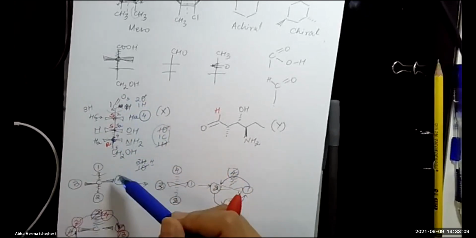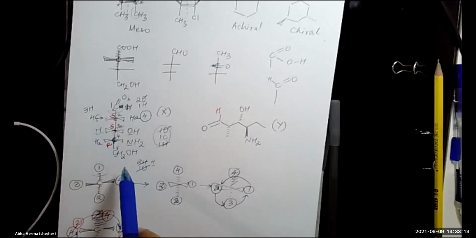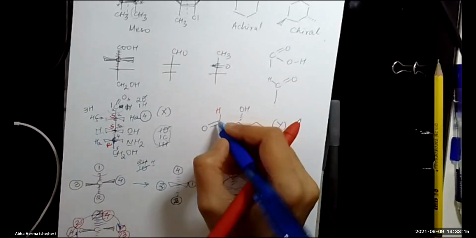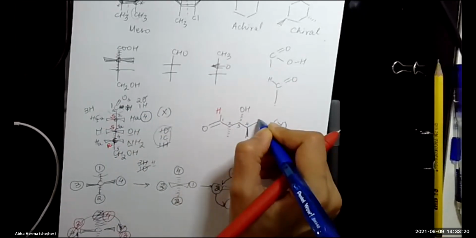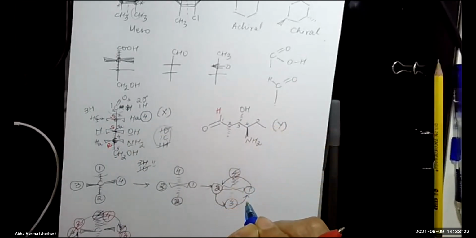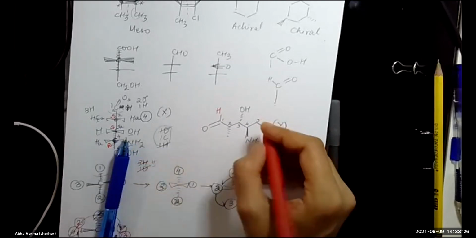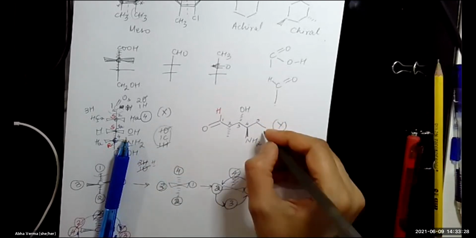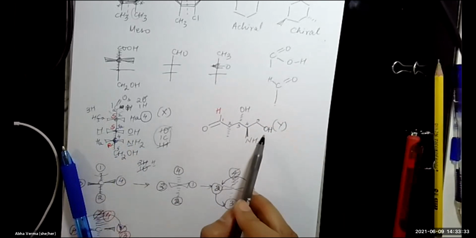I have this long 5-member chain. You don't need to know the name of the structure, just the numbering. 1, 2, 3, 4, 5. Oh, I have to draw the OH also here. So this OH right here.